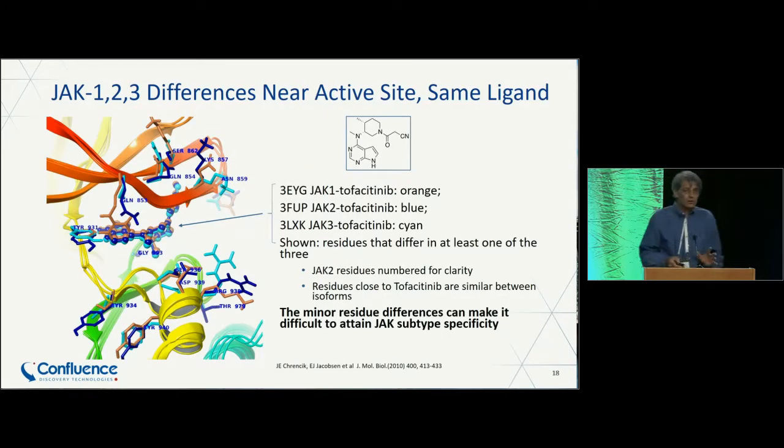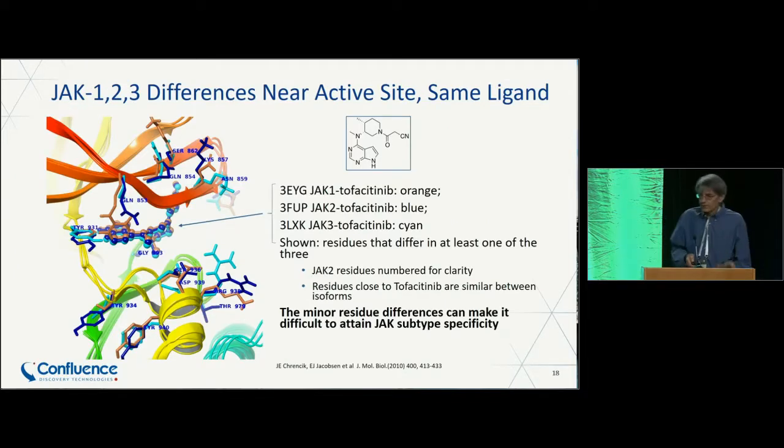So here is a slide showing tofacitinib docked in the 3 different JAKs. It's docked in JAK1 in orange, JAK2 in blue, and finally JAK3 in cyan. And in all cases, the conformation is very much the same. You see in the ribbon diagram, you really don't see any significant large changes between the JAKs.